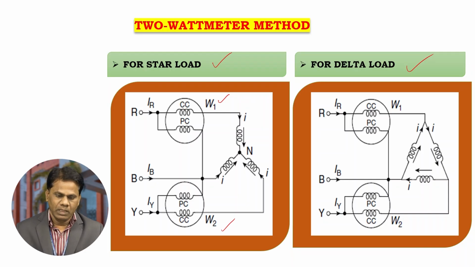Here CC is the current coil, which is in series with the line, whereas PC is the pressure coil or voltage coil.